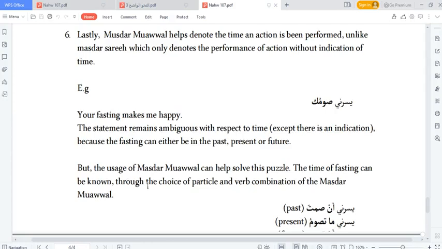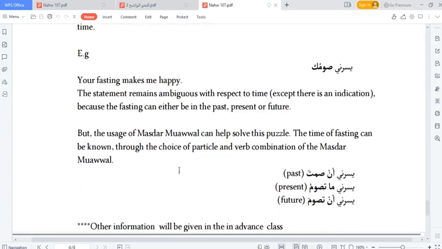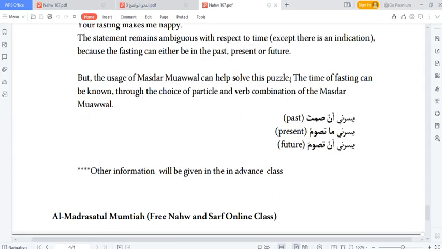But the usage of Masdar Muawwal can help solve this puzzle. So the time of fasting can be known. So you can see now we have yasuruni an sumta. This means it pleases me that, or it makes me happy that you fasted.